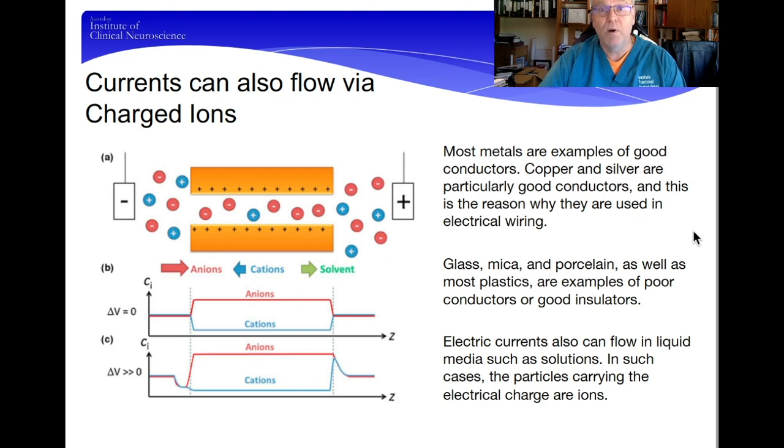The wires that are wiring your household or carrying electricity to your light bulb or even to your computer are usually based on silver or copper wiring inside, and they're covered by an insulator so that you don't get a shock when you touch them. So the insulator is a poor conductor, and the wires on the inside are good conductors. Examples of poor conductors or good insulators are glass, mica, porcelain, plastics, and rubber.